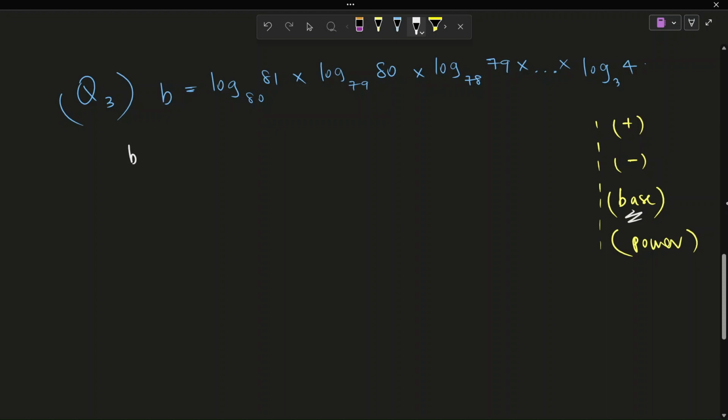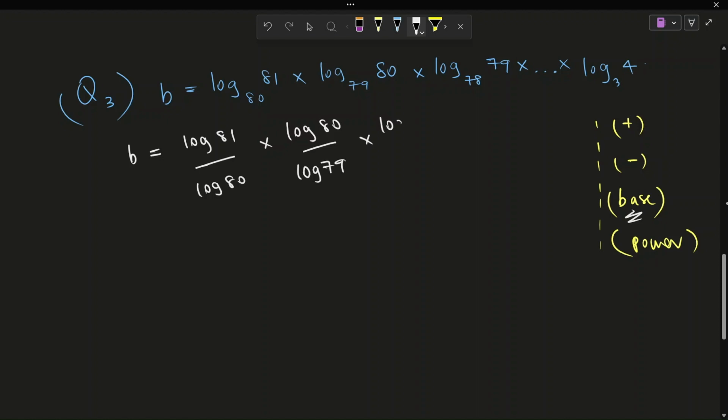So with that, b is going to be equal to log 81 over log 80. I'm not going to mention the base 10 because the base 10 doesn't have to be written. That's the default form. And I'm just using the base change formula. That's all. So the second one's going to be log 80 divided by log 79.